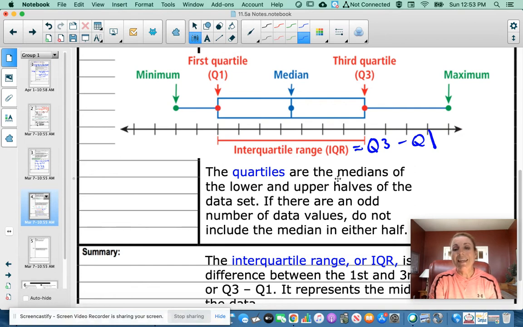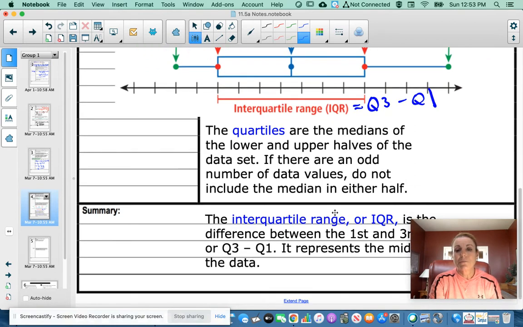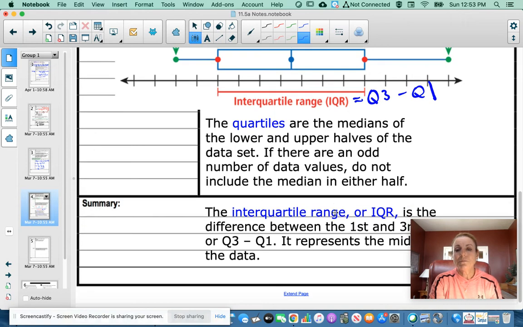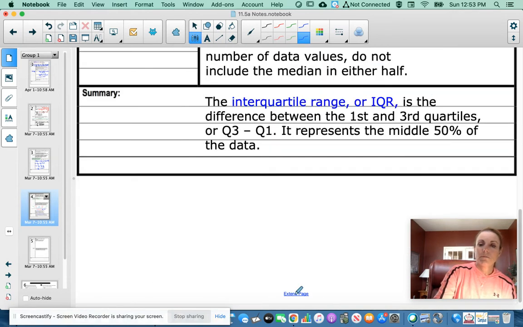Quartile 3 is the median of the upper half. If there are an odd number of data values, you do not include the median in either half. And I already talked about the interquartile range. Basically, it's quartile 3 minus quartile 1, and it represents the middle 50% of the data.